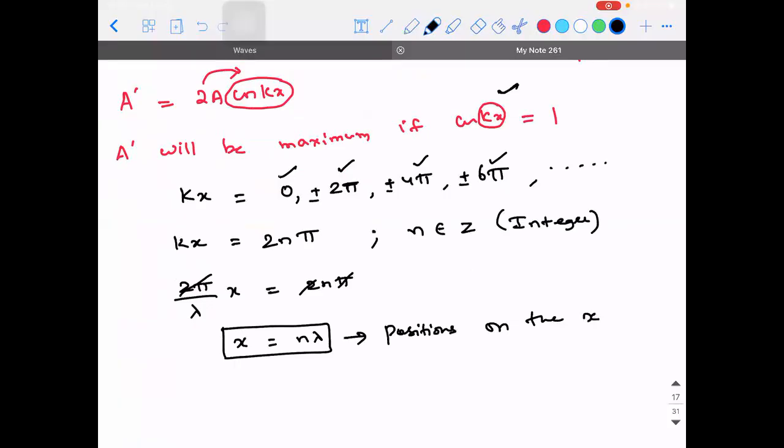are the positions on the x-axis where nodes, antinodes are formed.